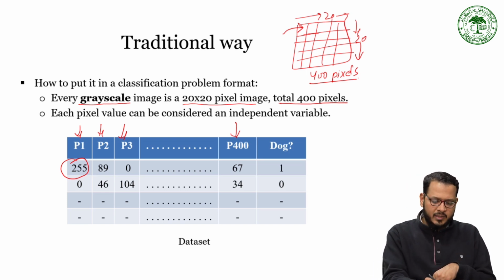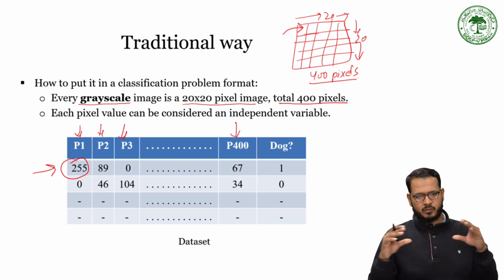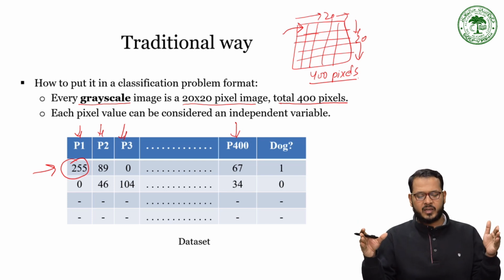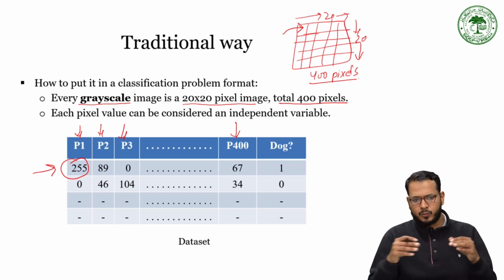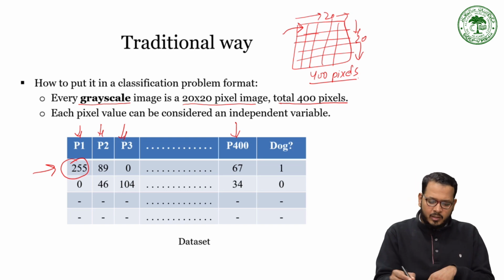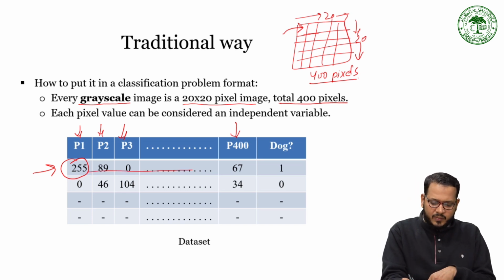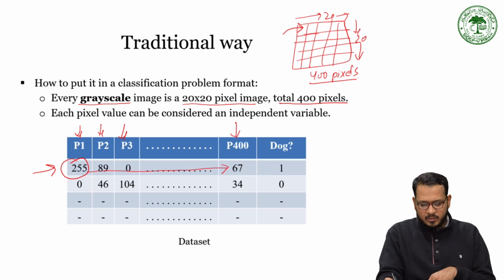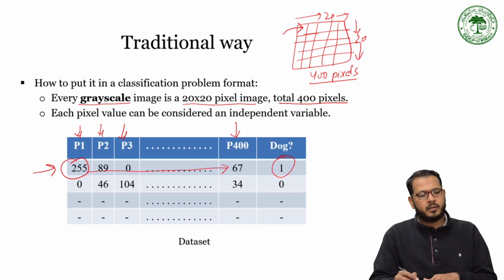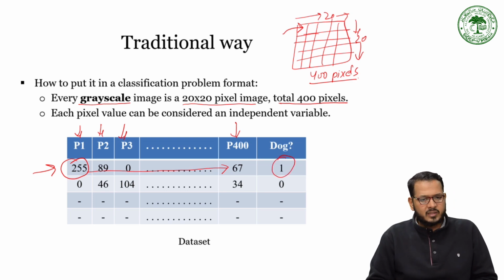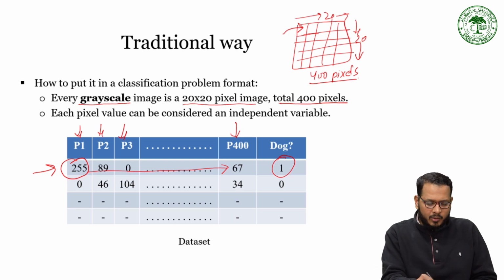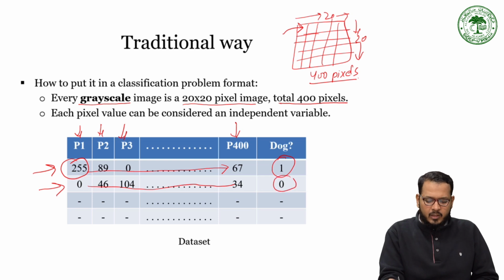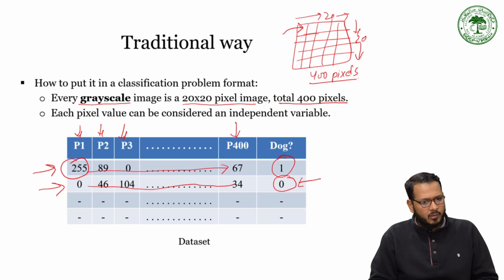Finally, for a given image, when we stretch that out as a vector of 400 independent variables, each corresponding to one pixel, then after putting these values of the pixels, the corresponding class could be 1 to represent, yes, this is a dog, or for some other images, when we laid down the values like this, then the answer could be 0, that the given image does not represent a dog.